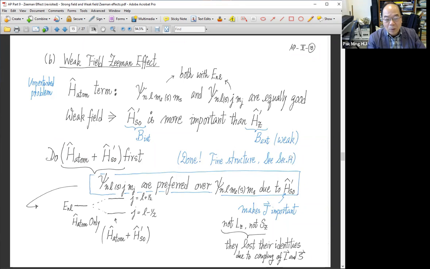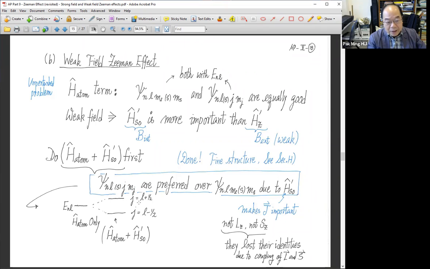All in all, when we see S dot L is important, we go into the new description using J, the total angular momentum, and its Z component with the quantum number mj. So we are already finished with this important part of the problem.